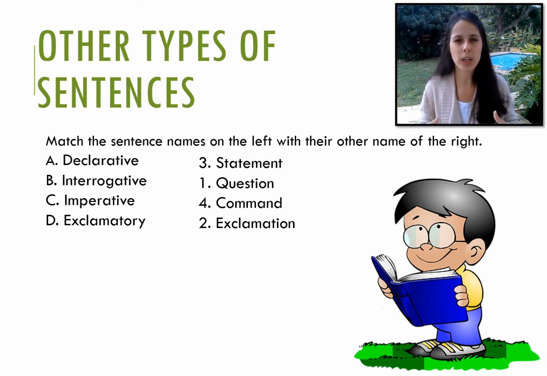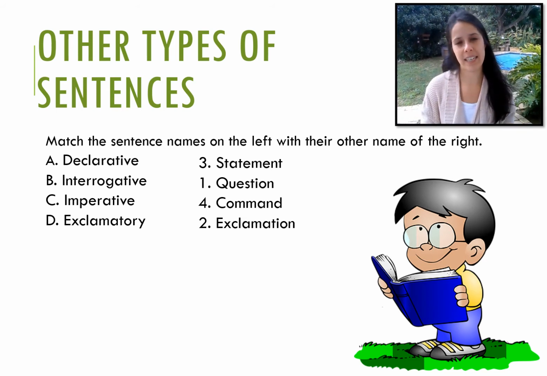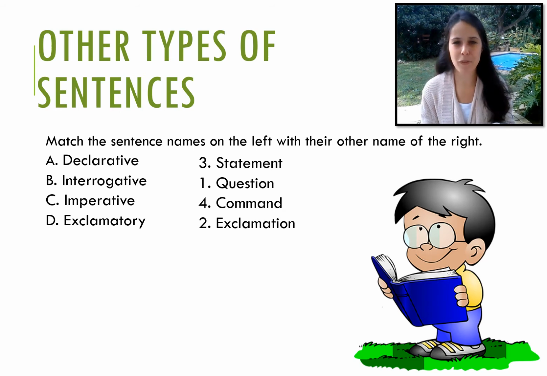I'm telling you what to do. And then D is exclamatory. Exclamatory is another word for exclamation sentences, where I'm shouting something out. I'm so excited. I'm so proud of you. And I need an exclamation mark. If you need to take down corrections, please take them down for me, and then you can move on to the next slide.